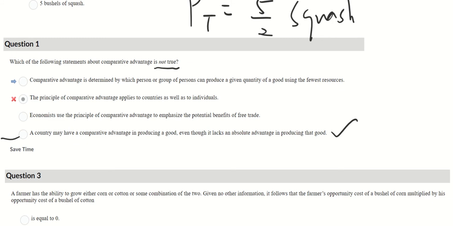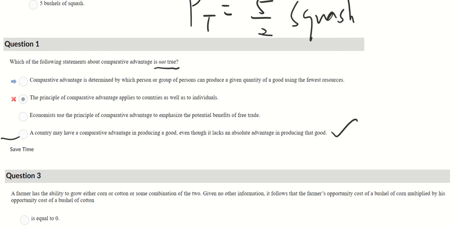And with comparative advantage, somebody always has the comparative advantage in the production of something. Now for absolute advantage, that's not the case anymore, because it is possible for one country to have both absolute advantages. Okay, so that statement is true.